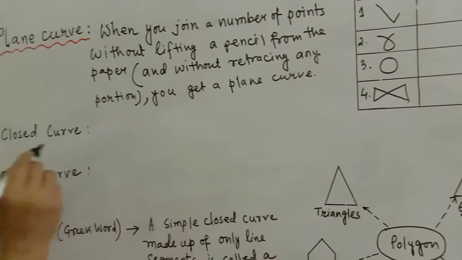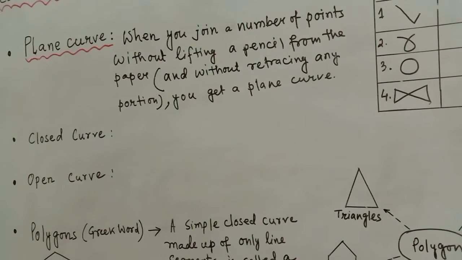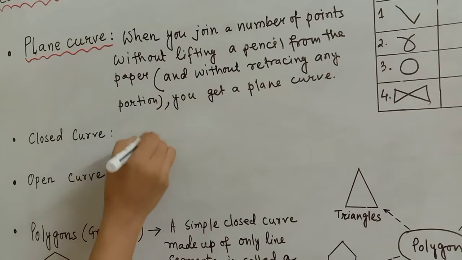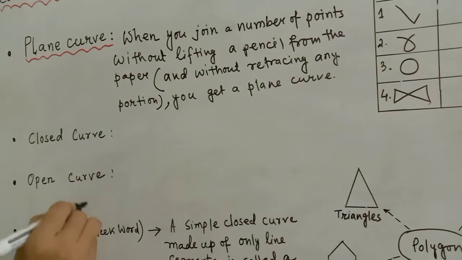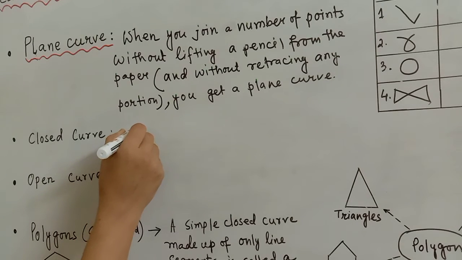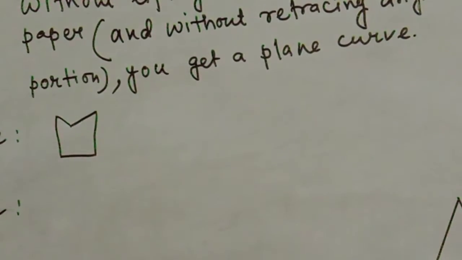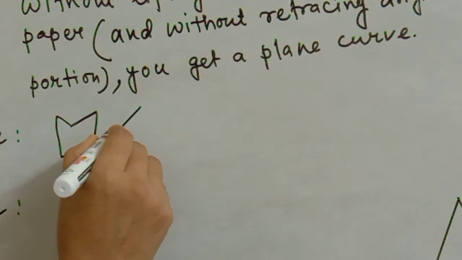Now closed curve. This is a curve where the starting point and ending point will meet together. This kind of curve is known as a closed curve. Say, is it a closed curve? Yes, it is a closed curve.